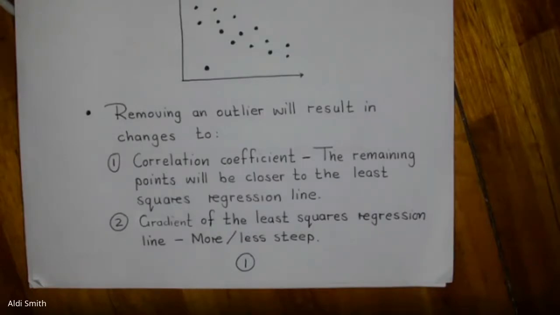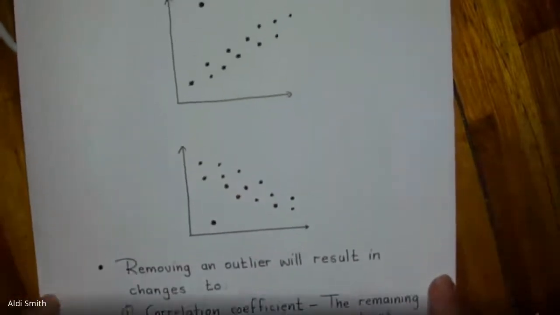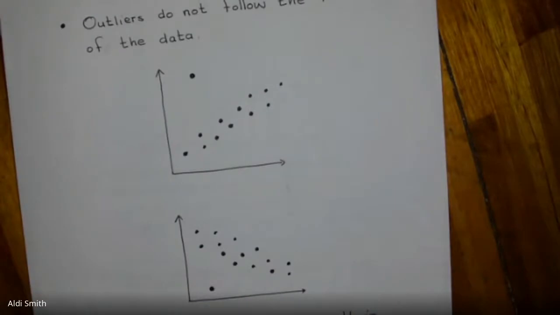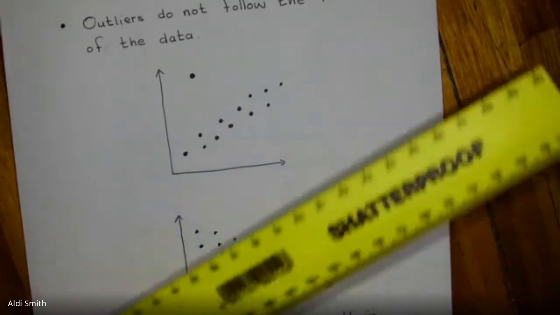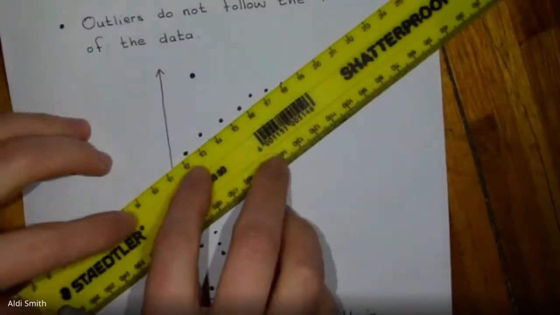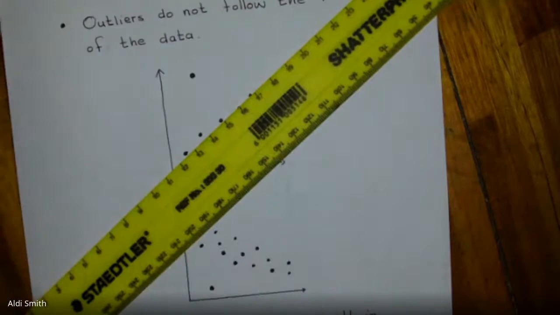So if I had to draw a least squares regression line for that first one over here, right there, then my least squares regression line should have been, and let's just grab a ruler so you can see it a little bit better, over there. But because of the outlier, it pulls it slightly to that side. Do you understand? The outlier pulls it away from the other points.